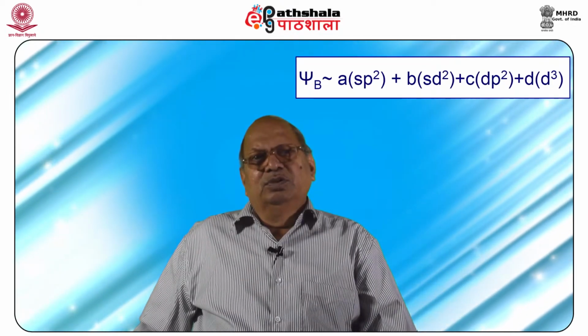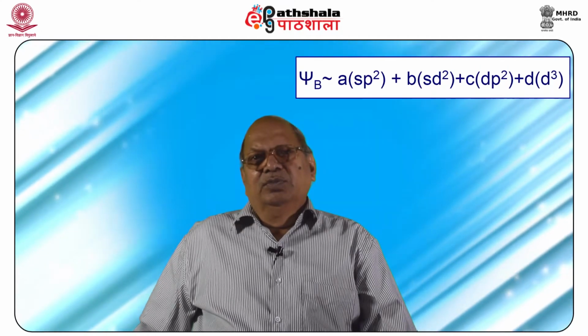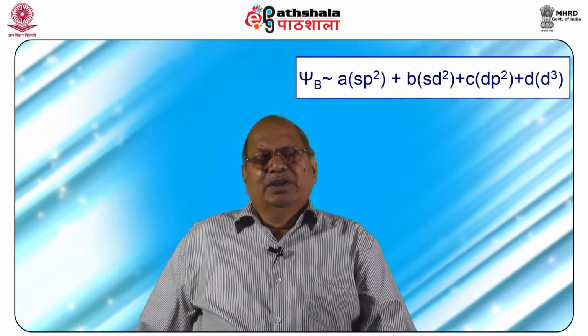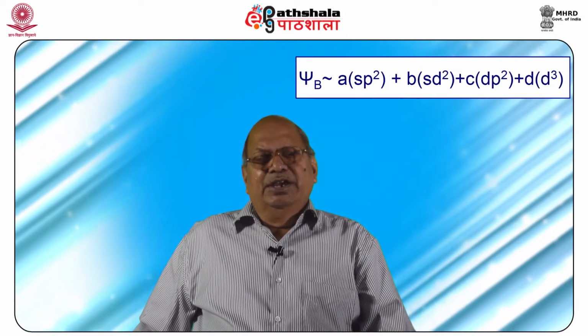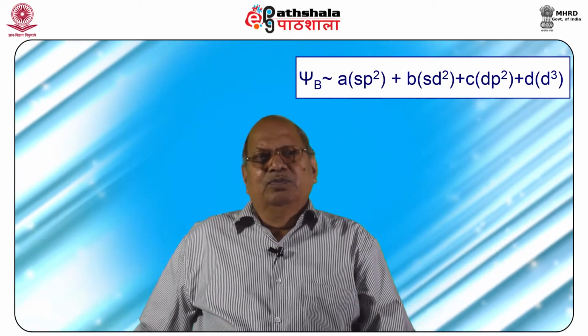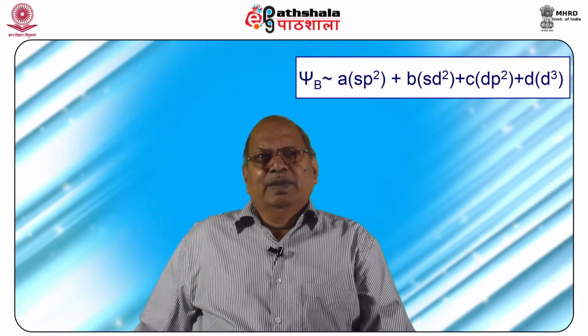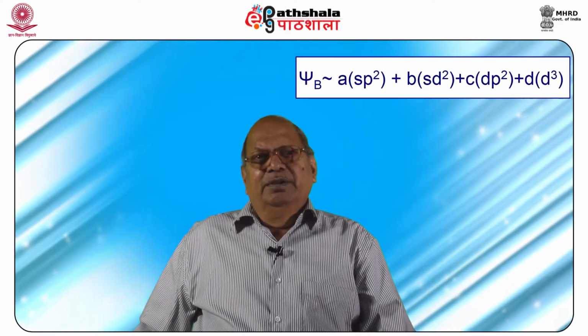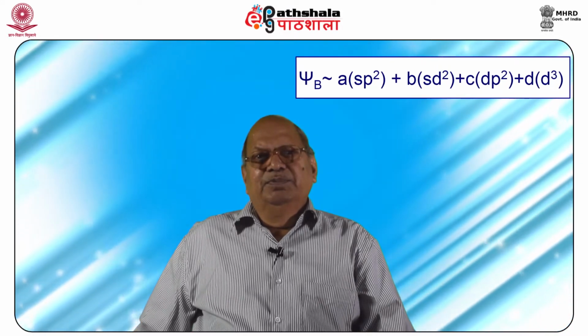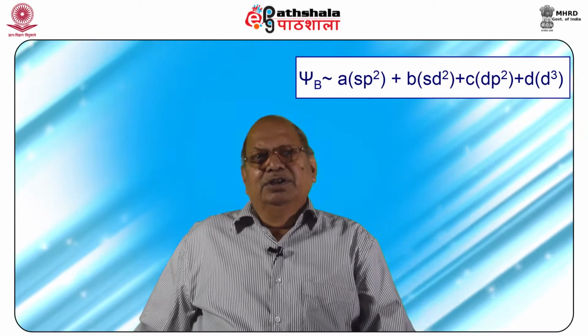The possible solution for these hybrid orbitals, if I consider all possible combinations, is that ψ_B, the hybridization of boron atomic orbitals, is given approximately as A times sp2, B times sd2, C times dp2, and D times d3.